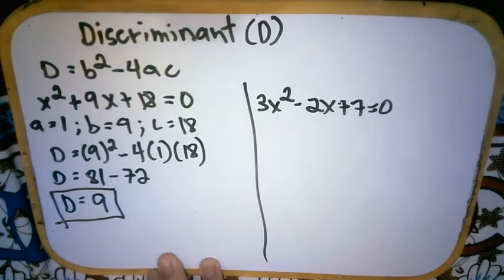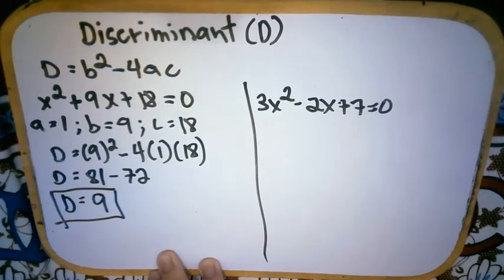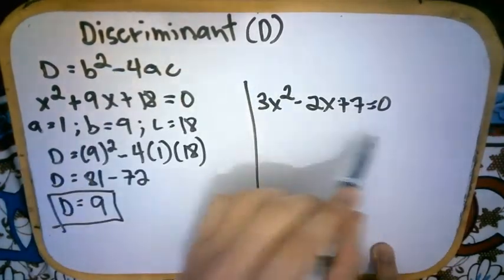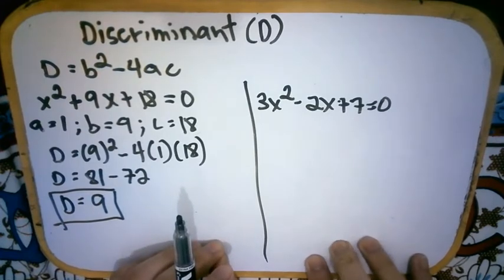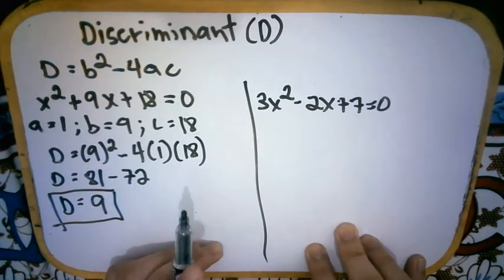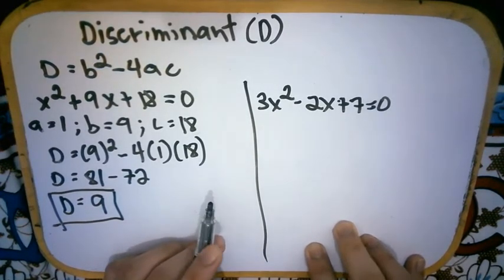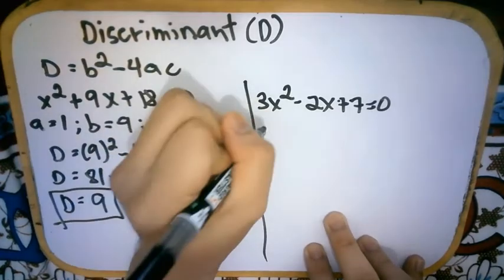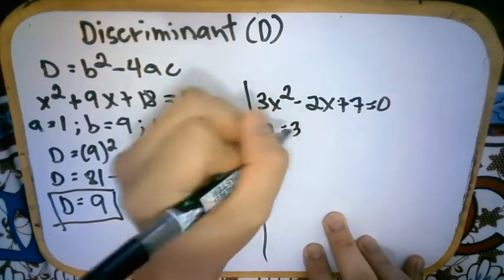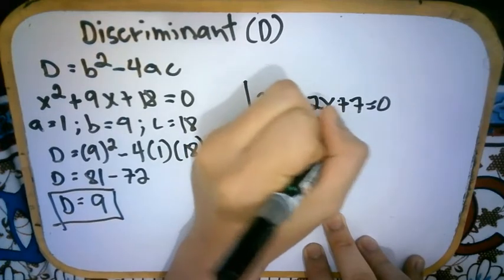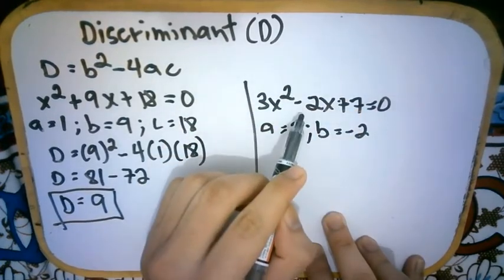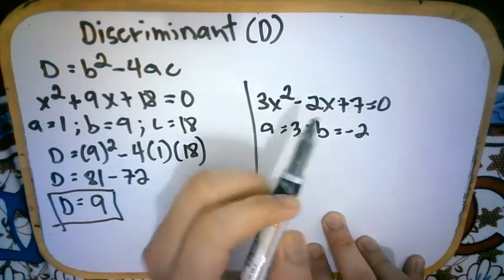Next one, we have 3x squared minus 2x plus 7. Again, naka-standard form na. We don't have to change it anymore. Next is to identify the value of ABC. A is 3. B is negative 2. May minus.